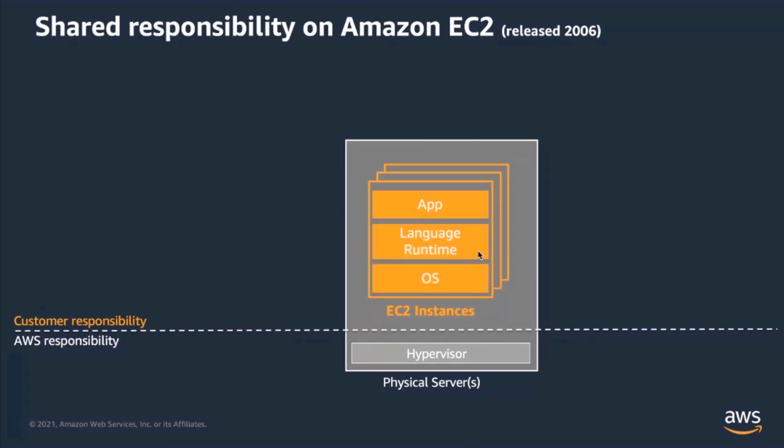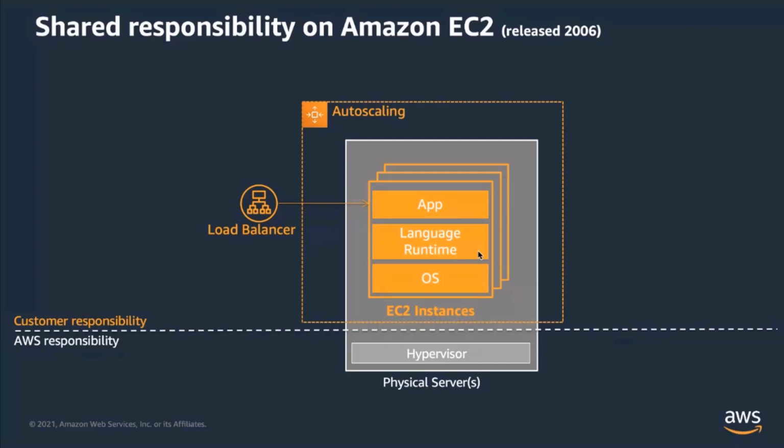And as the customer, you continue to own all the software that's installed within your EC2 instances, including the guest operating system and the language runtime. And of course, you are responsible for hooking up the load balancer in front of your instances, the autoscaling group, and any CI/CD build deployment pipelines to push changes.